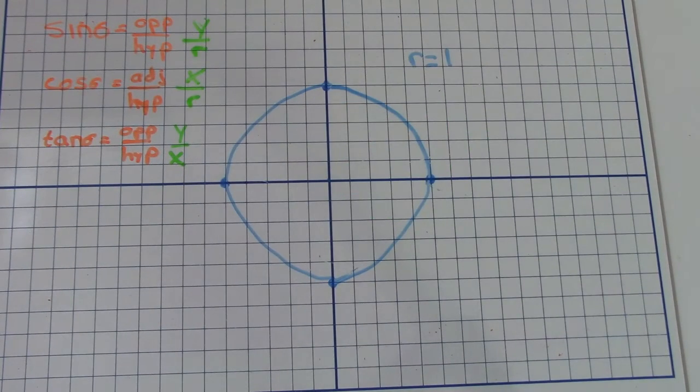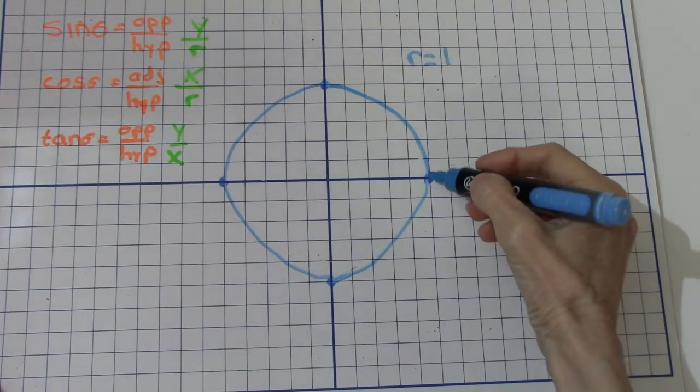And here is my unit circle, and a unit is 1. So when we're referring to the unit circle, we're referring to a circle whose radius is 1. When my radius is 1, I'm going to focus right now on 4 particular points, the quadrantal angles.